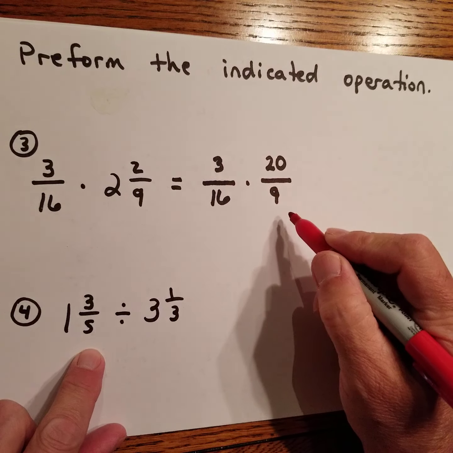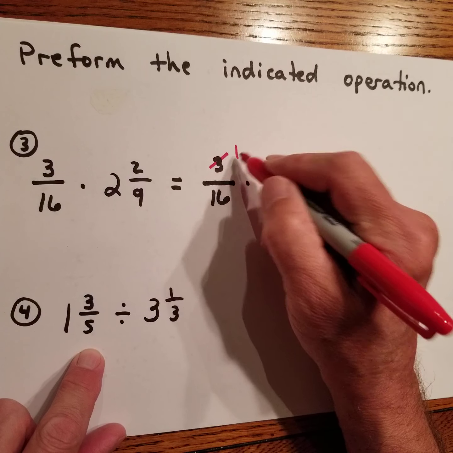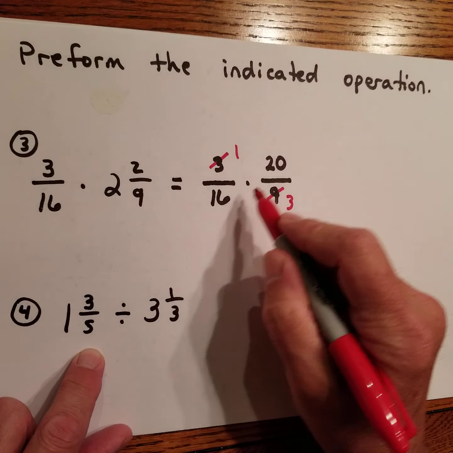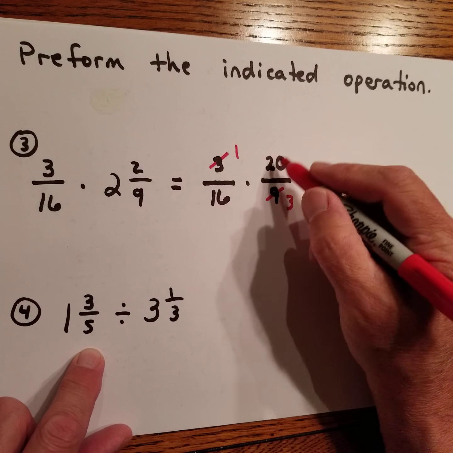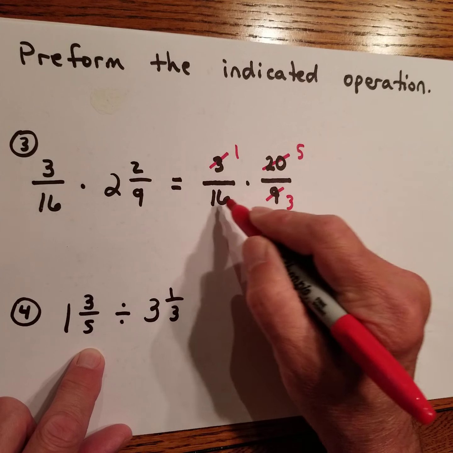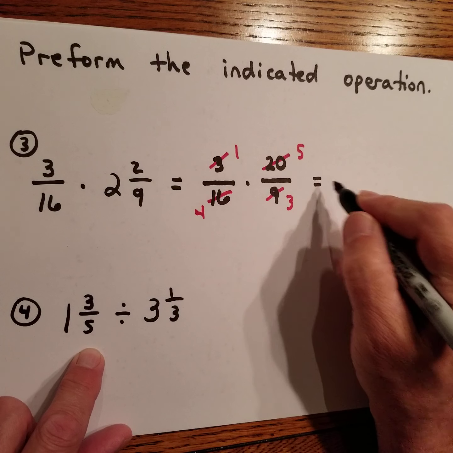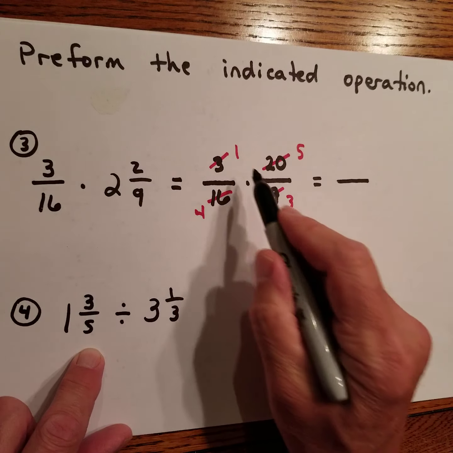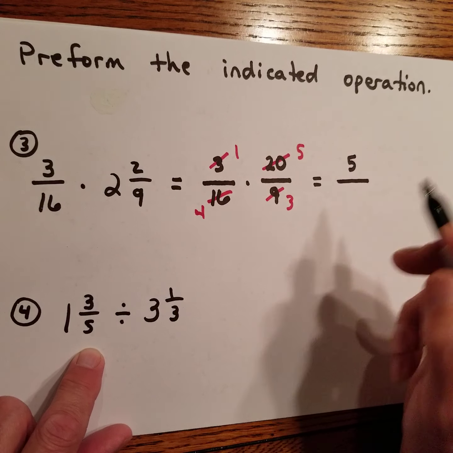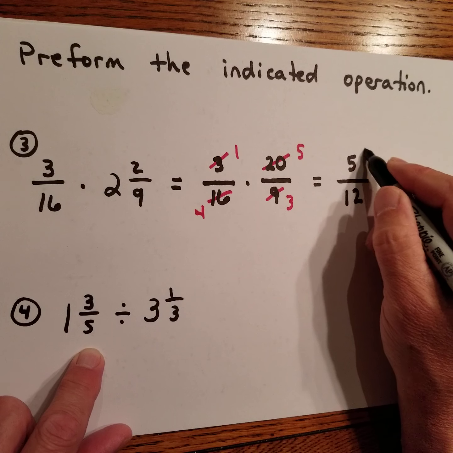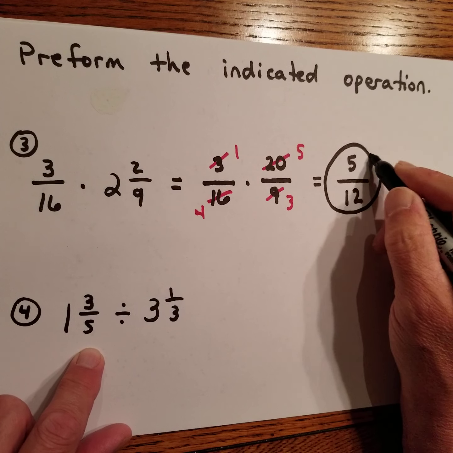I notice the 3 and the 9 reduce nicely. Divide by 3. Divide by 3. 16 and 20, those are both divisible by 4. Divide by 4. Divide by 4. Now multiply the tops, 1 times 5, and multiply the denominators, 4 times 3. 5 over 12, that's a great answer.